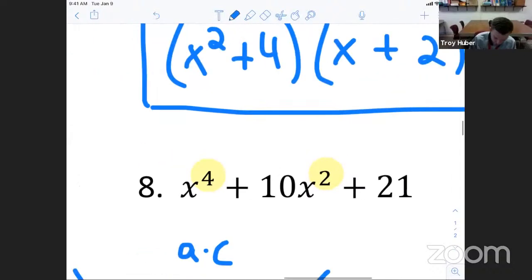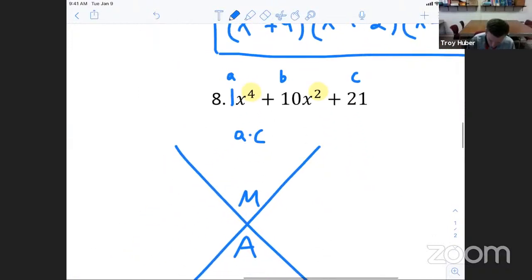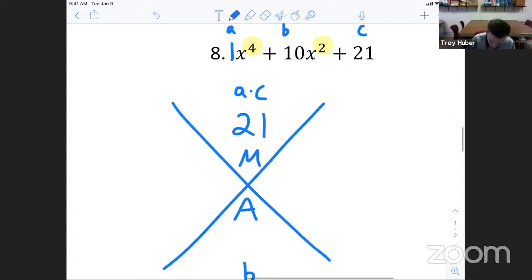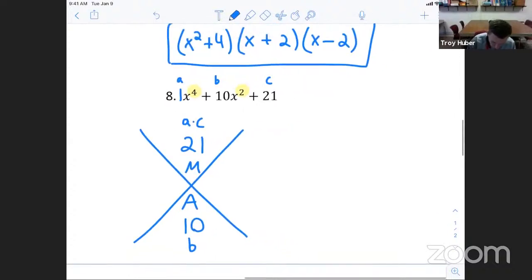All right, so in this case, my A value is 1, my B value is positive 10, and my C value is that 21. So we want to multiply to A times C. So 21 times 1 is just 21. And we add to our B value, which is 10. Now I'm going to start thinking of some factors of 21.